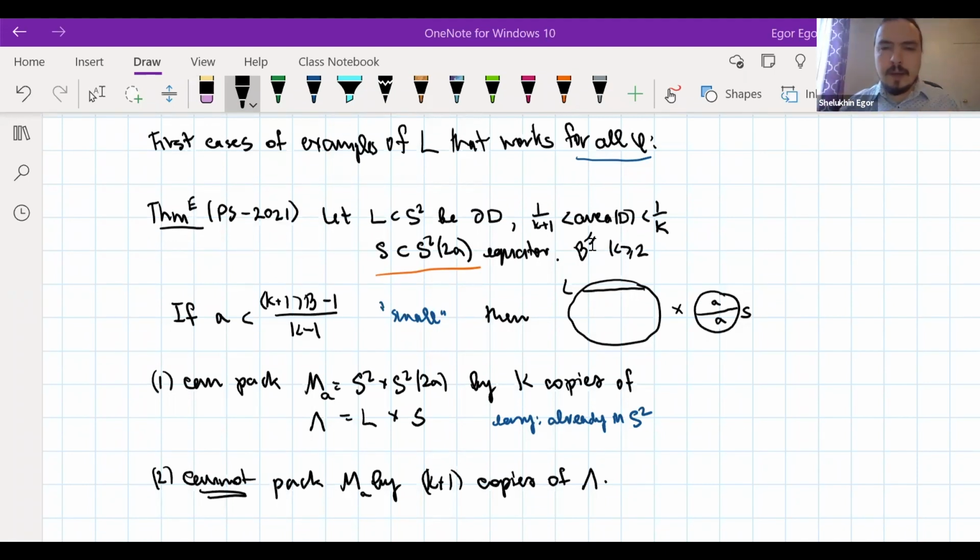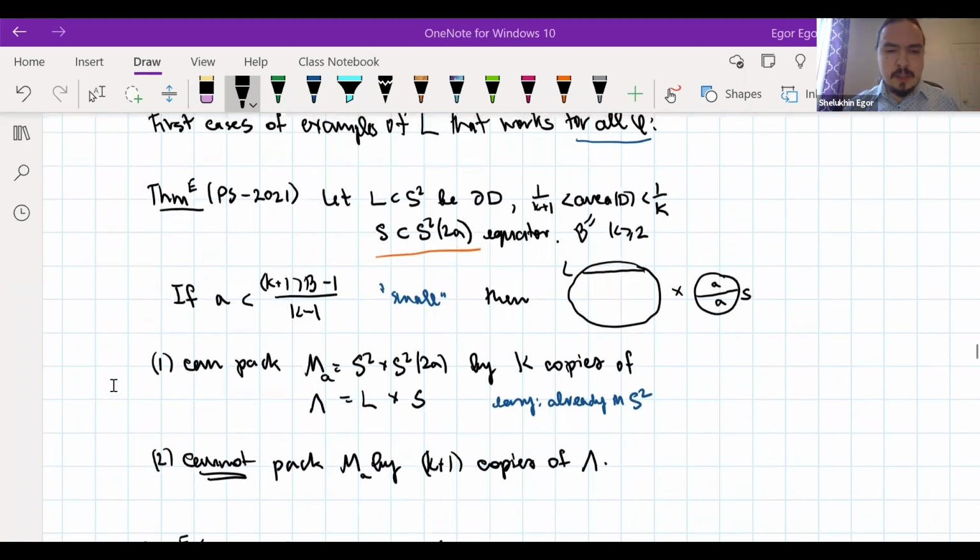Suppose that S in S^2 is the equator, and also let's say that A is small, so it's (k+1)B minus 1 over k minus 1. If k is 2, it's exactly 3B minus 1 that we had before.